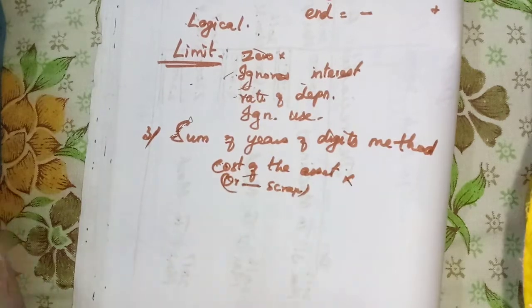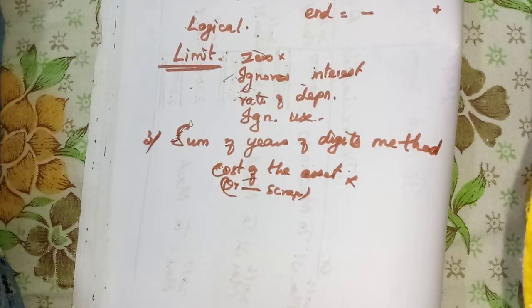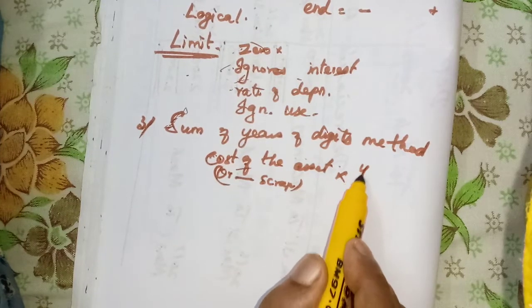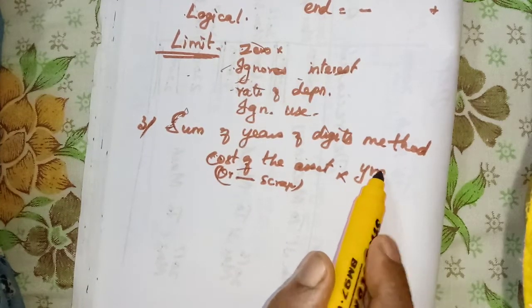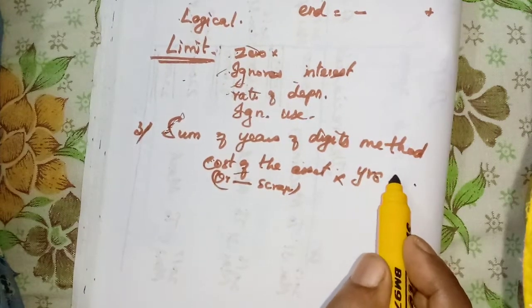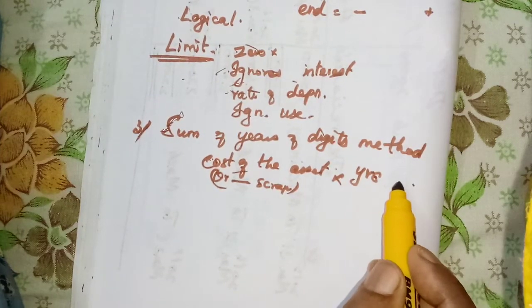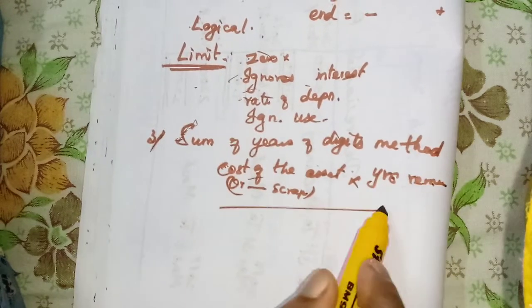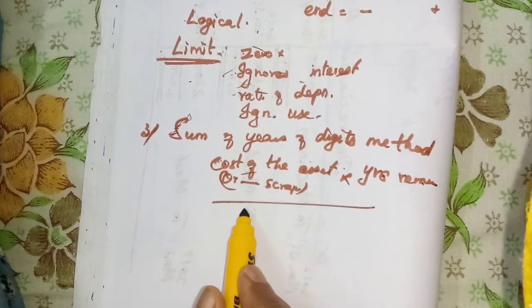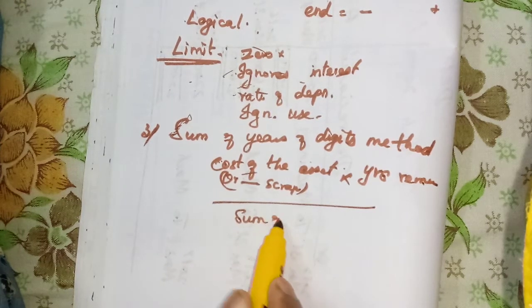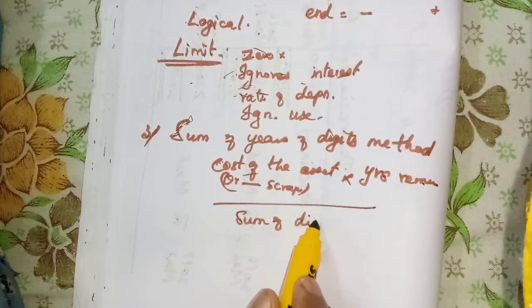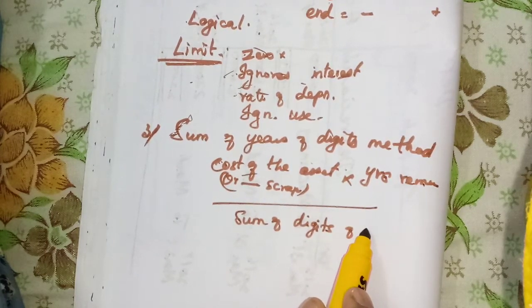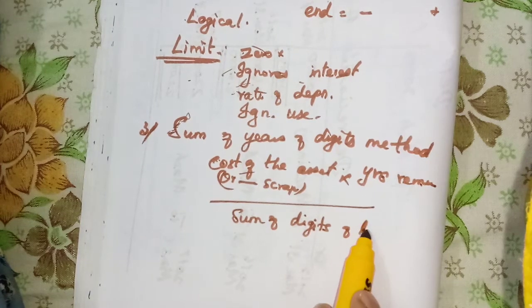They will multiply this with the number of years remaining in the life of the asset, divided by the sum of digits of the total life of the asset.